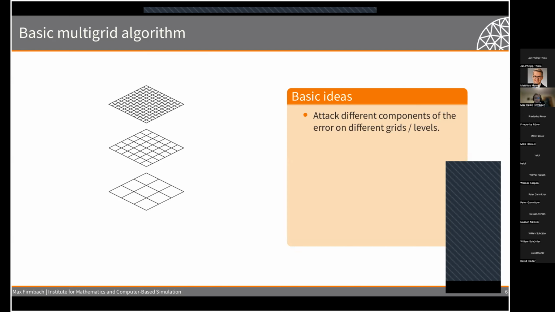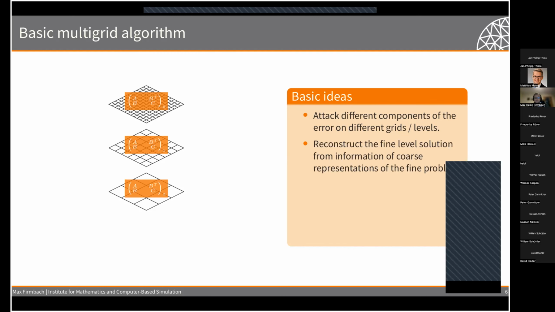The multigrid idea is to tackle errors that are residing in our matrix and that per iteration of the iterative solver may increase, decrease, or stay constant. We want to tackle these different errors on different grids or levels. Because we are algebraic, we just call them levels for now.